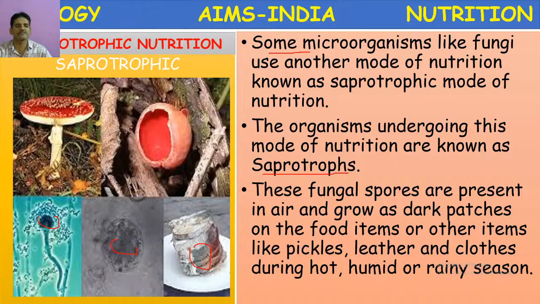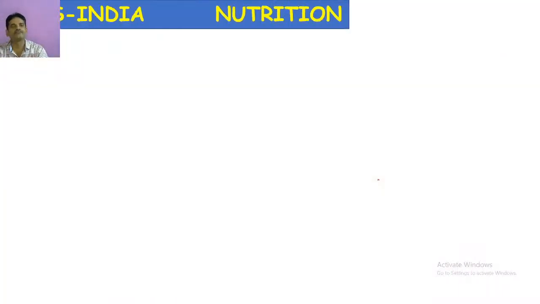This is a favorable season for the growth of fungi. You might have seen fungi growing on wet wood, on bread, on chapati, on pickles. These molds are all saprophytes.